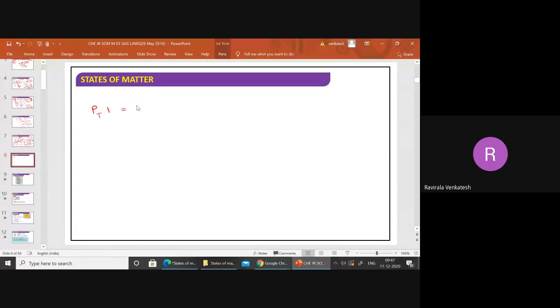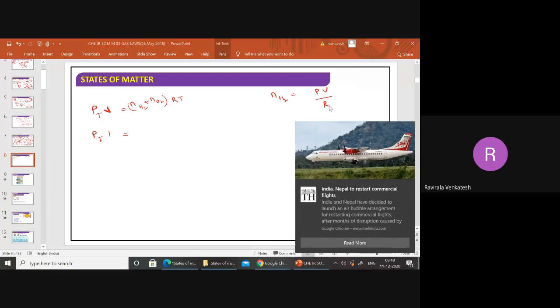P total is equal to, again I am writing, no problem, number of moles of hydrogen plus number of moles of oxygen into RT. Next, P total. Total volume is equal to 1. Now, number of moles of hydrogen is equal to PV by RT.